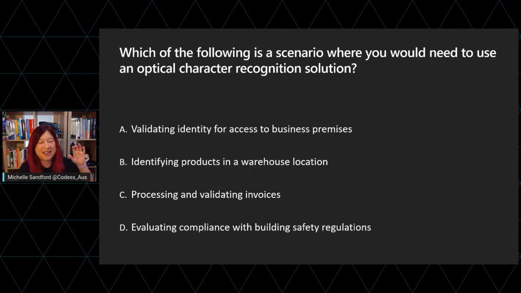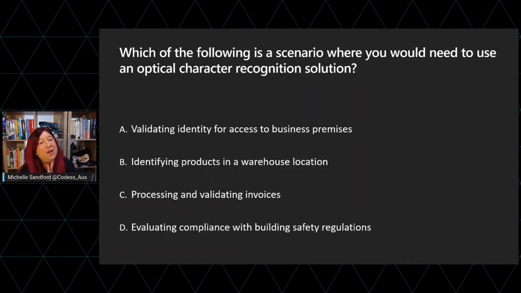Is that a valid driver's license? That kind of thing. That's not the obvious one, because the trick is not to identify the writing on the driver's license. The trick would be to match the person's head to their image in the photograph. So, not OCR.